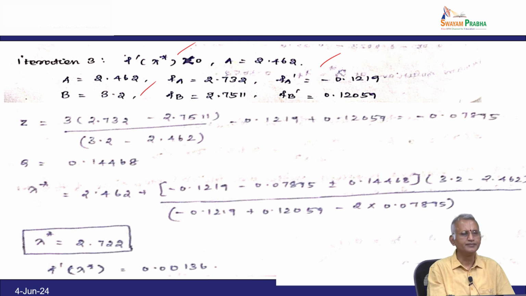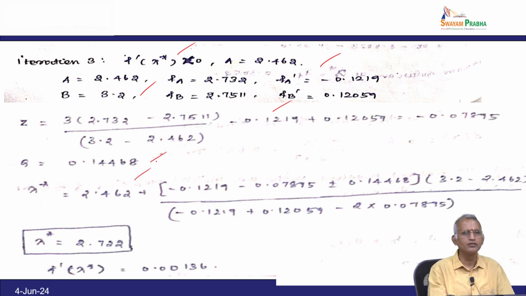Therefore z equal to 3 into (2.732 minus 2.7511) by (3.2 minus 2.462) minus 0.1219 plus 0.12059, equal to minus 0.07815. Now q equal to 0.14468.